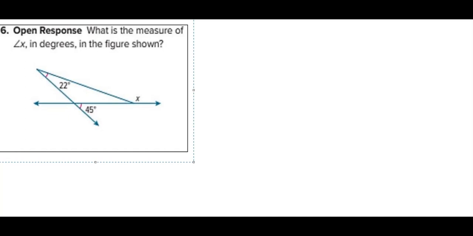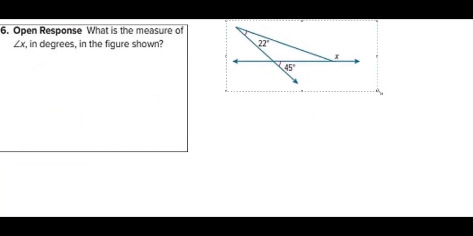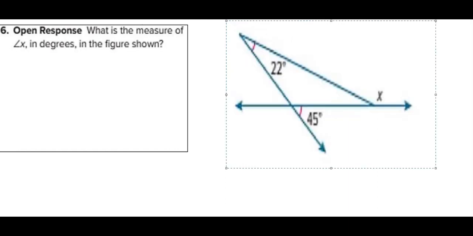Okay, so look at question number 6 now. Let me take the diagram here. So this is also easy. You need to find out the value of x. Very easy. This is a linear pair. If this is 45, subtract from 180, you will get the other angle. Let us suppose I'm saying this is angle y.